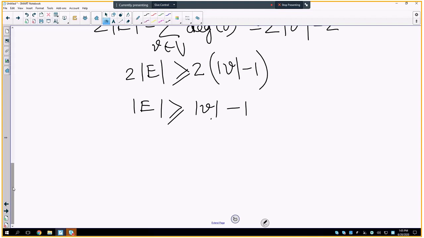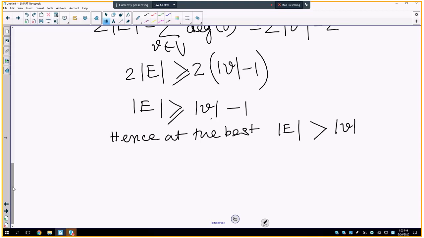But remember, we can also use one other feature here. Because I said other than 2 vertices at most, every other vertex has a degree 2 or up, I will now go ahead and say, hence, at the best, the order of the edge set is strictly greater than order of the vertex set minus 1, which again is a contradiction.